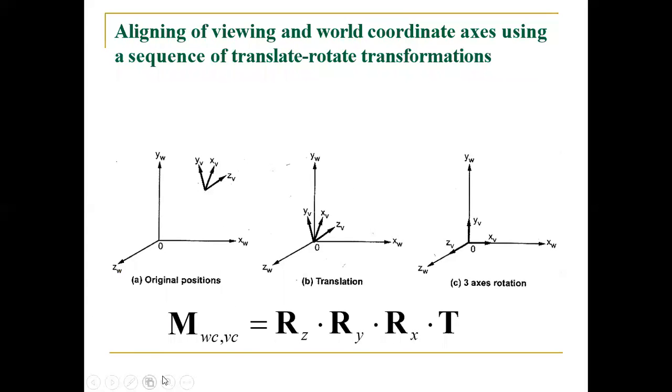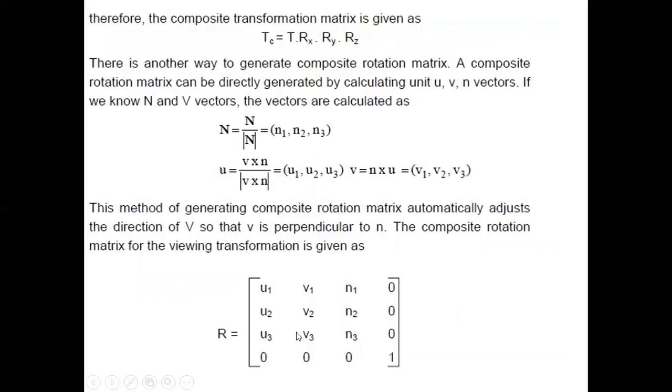So the composite transformation matrix for transformation from world coordinates to view coordinates is a translation, then the rotation along the x-axis, rotation along the y-axis and rotation along the z-axis.